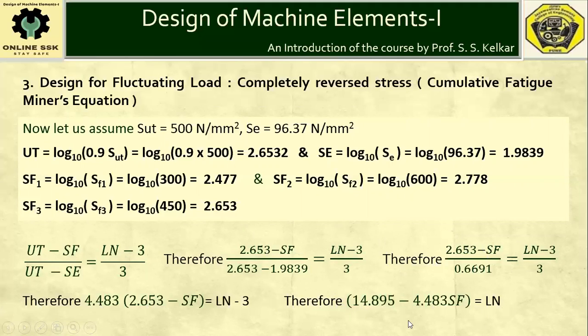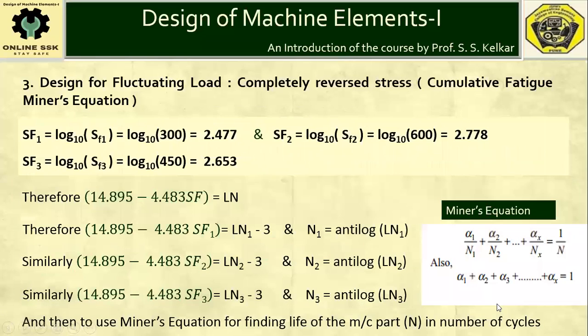a one line equation like 14.895 minus 4.483 times SF is equal to ln. Usually such a generalized, simplified one line equation is calculated, and now using SF1 here we are going to calculate ln1, SF2 we are going to calculate ln2, SF3 we are going to calculate ln3.